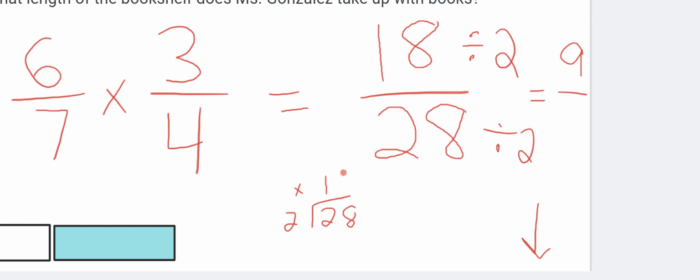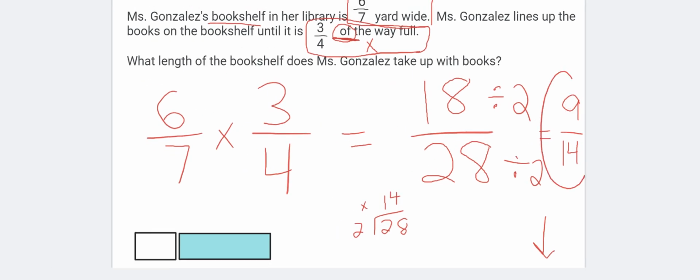You're right, that would be 4, because I know 2, 4, 6, 8. It would take me 4 times. So I also know my denominator would be 14. So my simplified answer would be 9 out of 14. So I want to make sure I put it as a fraction, 9 over 14.